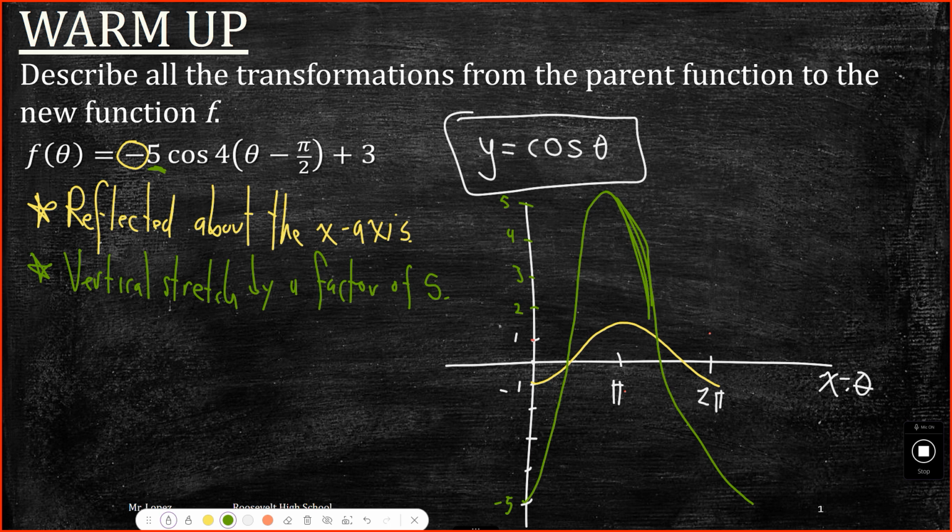The next one we're gonna do, what is 4 gonna do to the graph from 0 to 2 pi? What's that 4 in front of theta? What does that do?